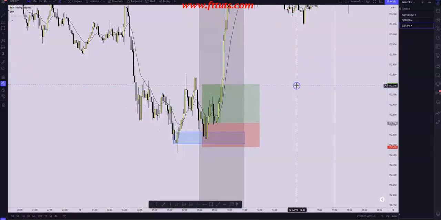Now, targets. There are two targets that we could aim for. We can aim for areas to fill or we can aim for liquidity. Liquidity is where people's stop losses are, at or above highs or below lows. In this scenario we have liquidity right here above that. Think about it, this is 8 a.m. Eastern Standard Time, right?